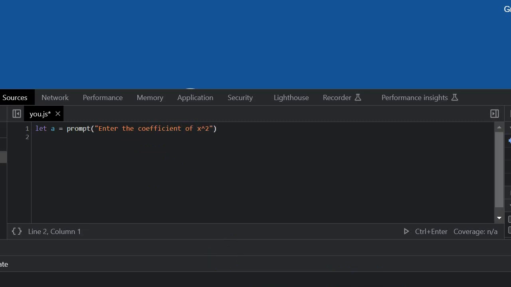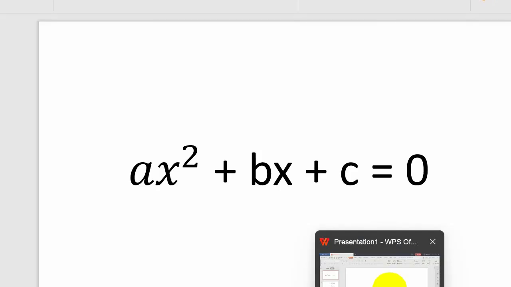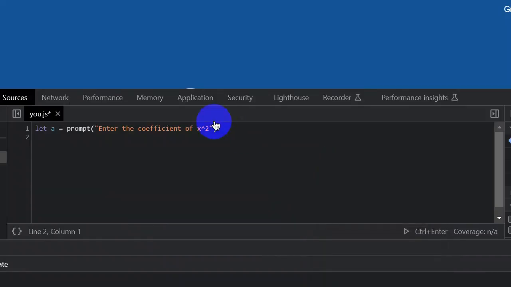So the next one, b. Let b equals prompt, enter the coefficient of x.